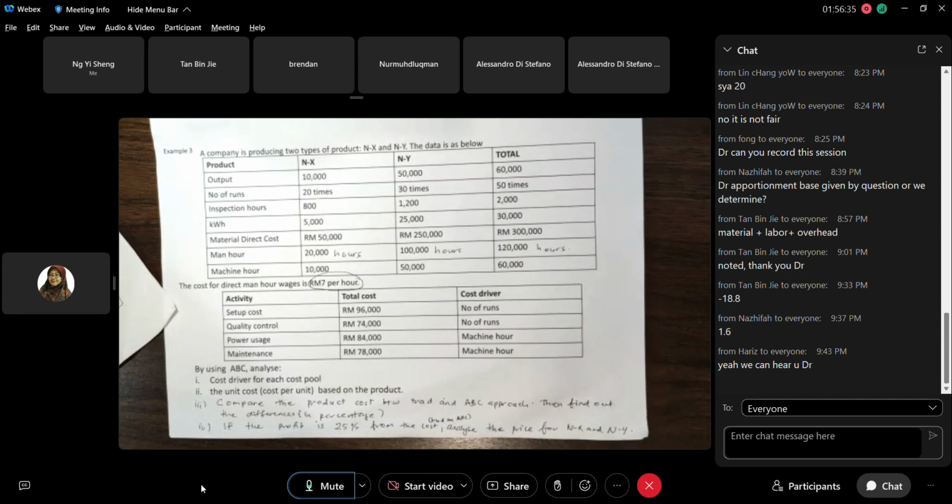And the overhead for X? Okay, what is the number for overhead and X?